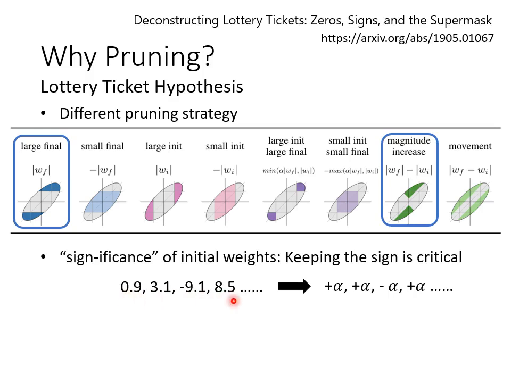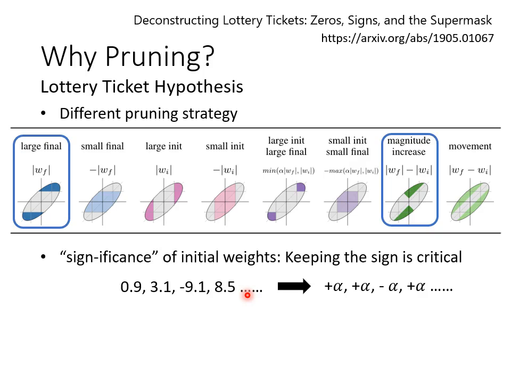According to the paper, you can completely ignore these numbers. You can replace all positive numbers with positive alpha, and replace all negative numbers with negative alpha. The new parameters are still trainable. The result we get from this set of parameters is not that different from this one. The conclusion suggests that the sign of the parameters is the key to training. Compared to the signs, the absolute values are not that different.